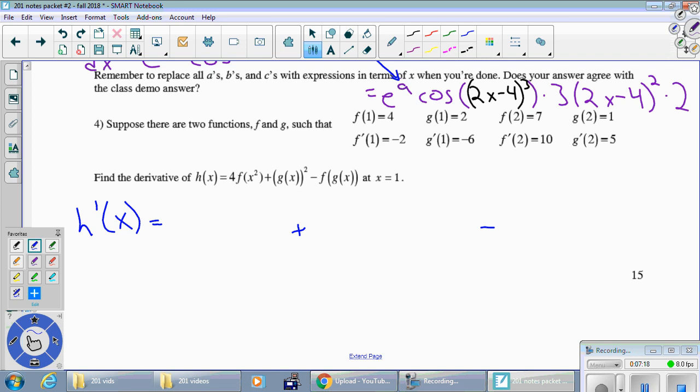Okay, so let's tackle this first guy here. 4 times f of x squared. The derivative of that thing is going to go right in here. Okay, 4 is a constant multiplier. Great, it stays. So next question is, what's the derivative of f of x squared? Well, this is the outer function and this is the inner function.